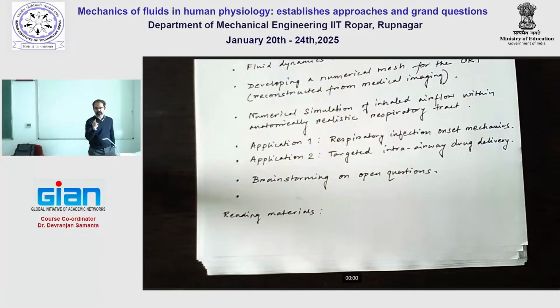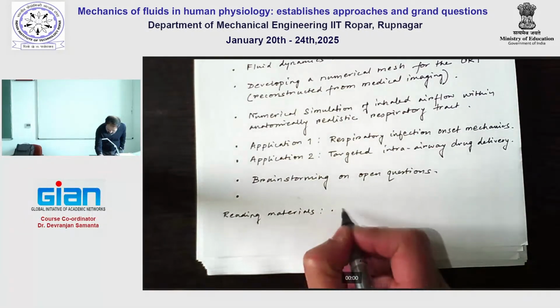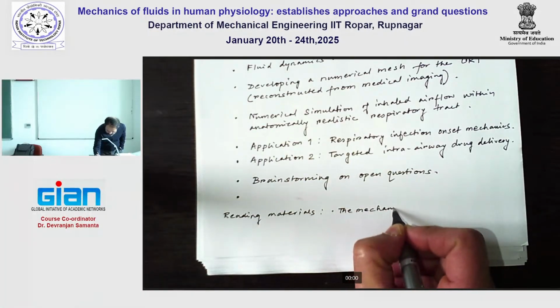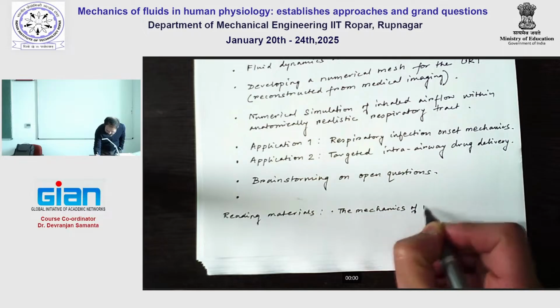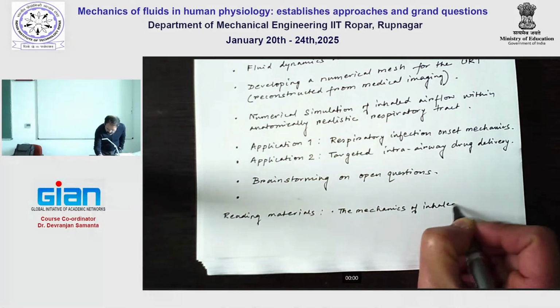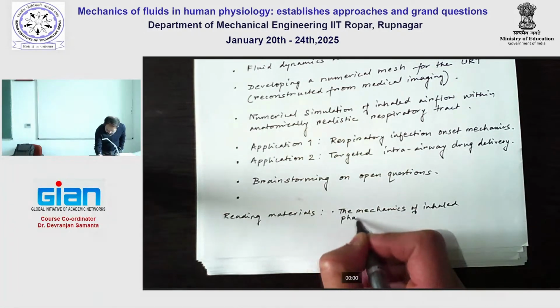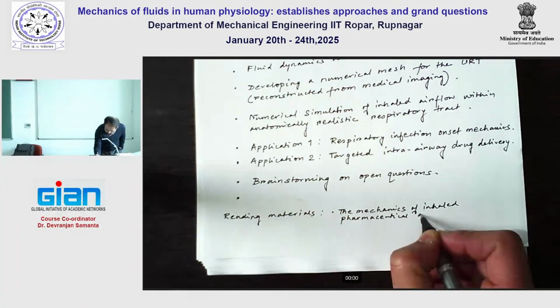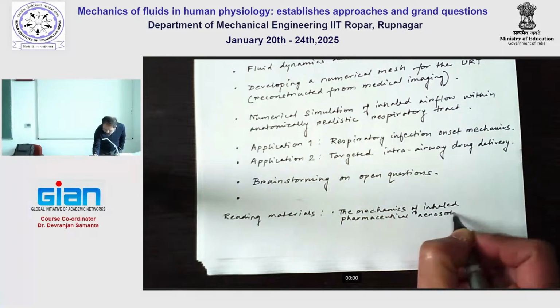I think I have uploaded some books on the cloud folder, but let me just note down the names of the books over here. Number 1, The Mechanics of Inhaled Pharmaceutical Aerosols by Warren Finley.